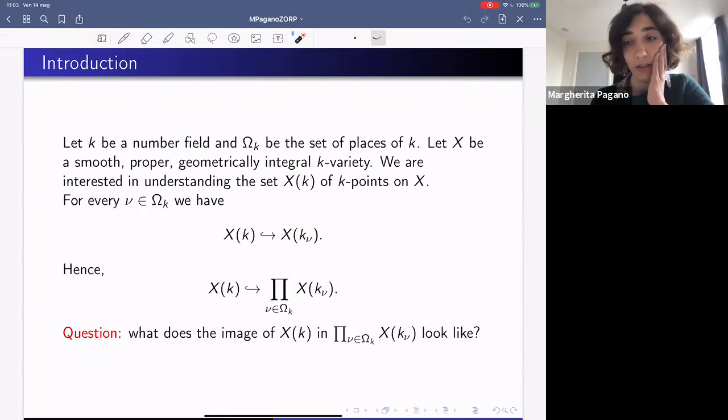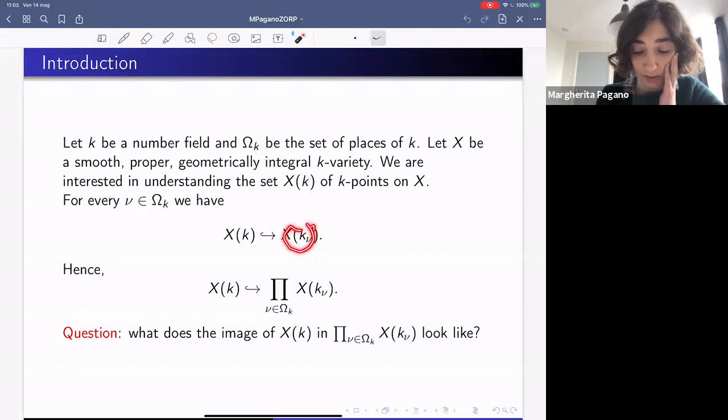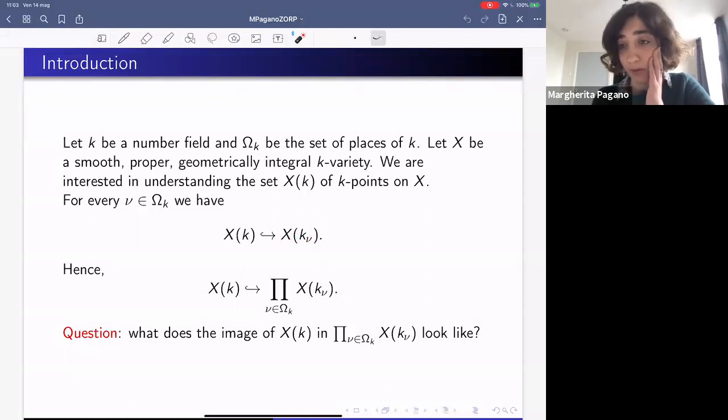In that case, the set of places consists just of the primes together with the so-called place at infinity. For every prime, these K_nu are the p-adic numbers, while for the place at infinity we get the real numbers. For my example, it is enough to think about rational numbers and p-adic numbers.